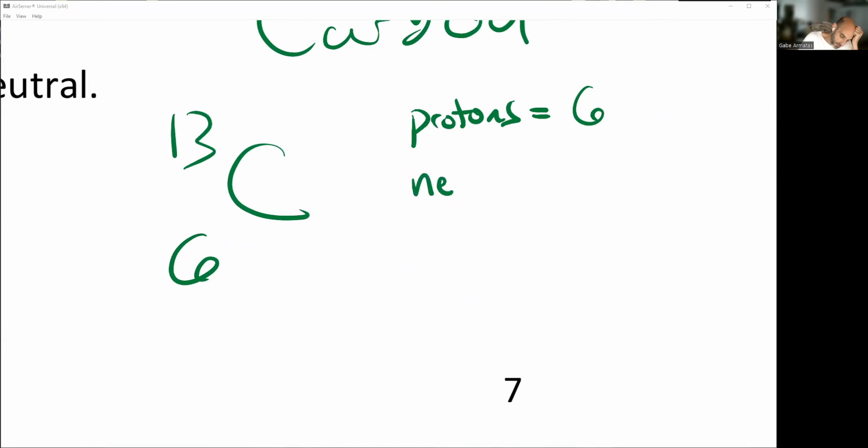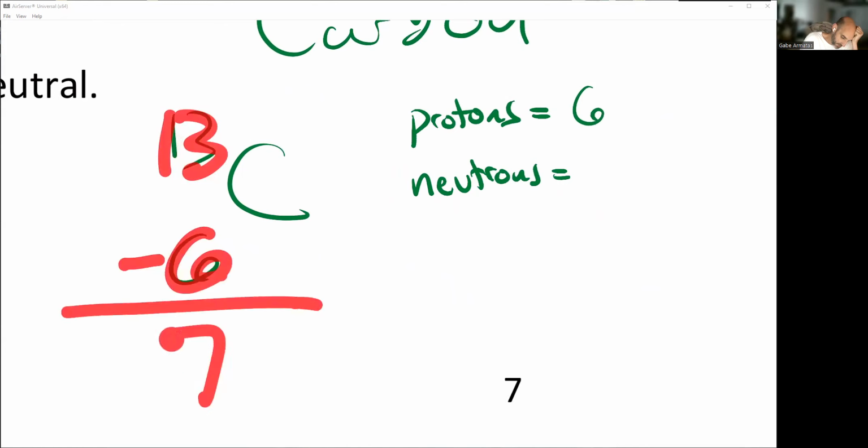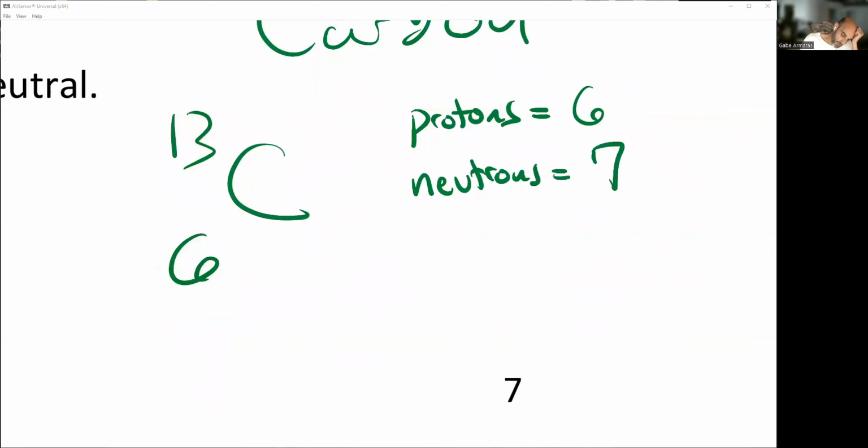How many neutrons does it have? Again, the neutrons are the 13. That's the mass number. Remember, that's both. So 13 minus the 6 gives me 7. So we're going to end up with 7 neutrons. Those two things together should give you the mass number back. And it does, which is 13, right?